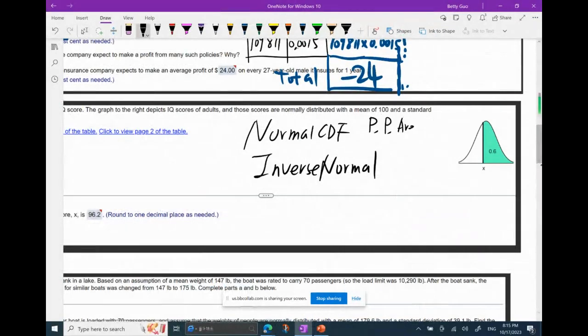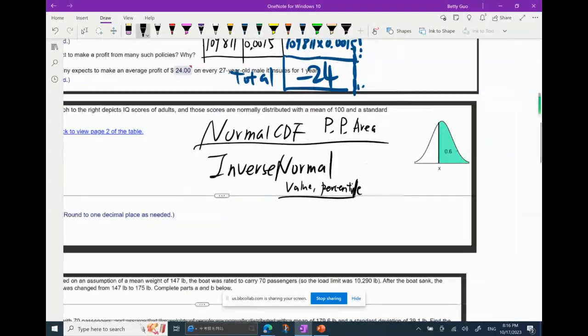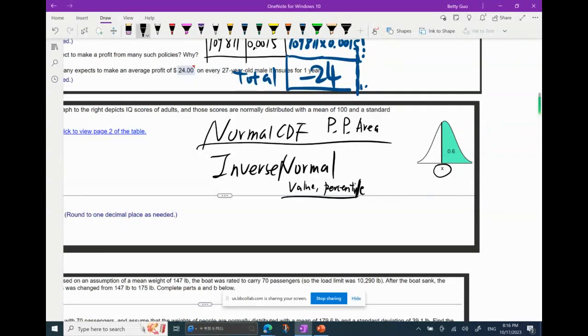So if we are looking for probability, percentage, or area, we use normal CDF. But if we are looking for the value, or percentile, which by the way is a value, the value that separates the top how many percent from the bottom how many percent, then we use inverse normal. Question: we are looking for x here. So are we using normal CDF or inverse normal?